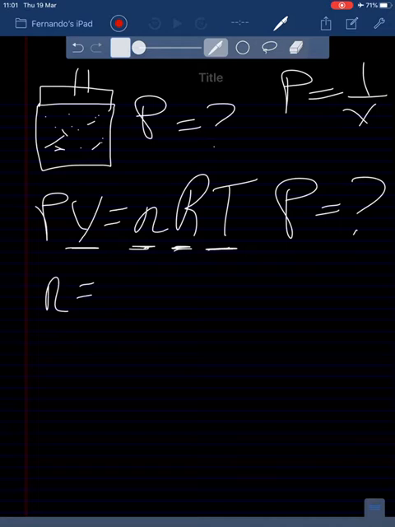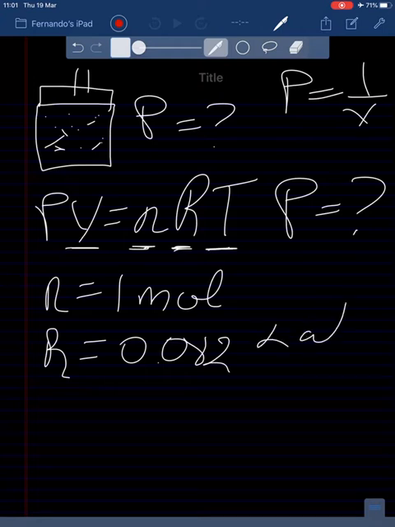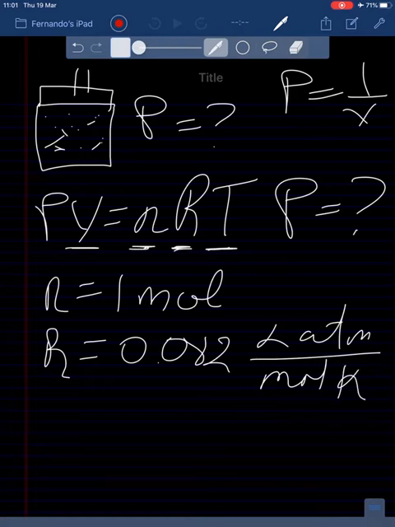The first parameter is that n is going to be 1 mole. So we're going to keep things simple. R, you already know, is going to be 0.082 liters atmospheres over mole and Kelvin. And here comes the trick.